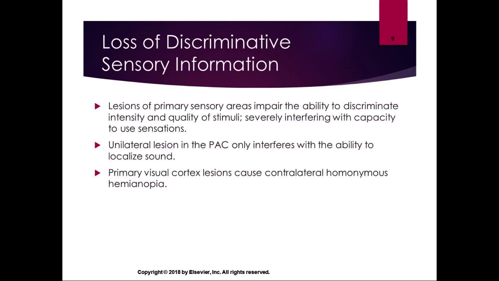A unilateral lesion in the primary auditory cortex only interferes with the ability to localize sound. You can still hear and you can still process some of that information, but you can't tell where the sound is coming from. Primary visual cortex lesions cause contralateral homonymous hemianopia. So it affects that part of the visual field.